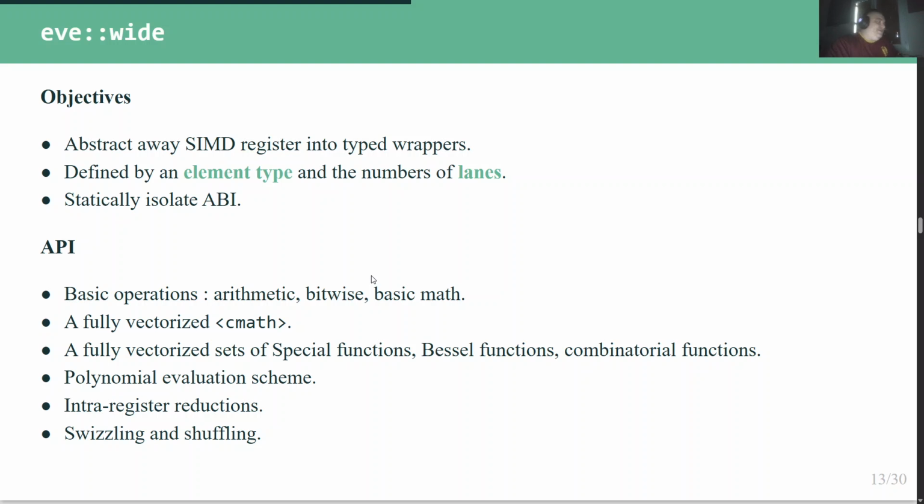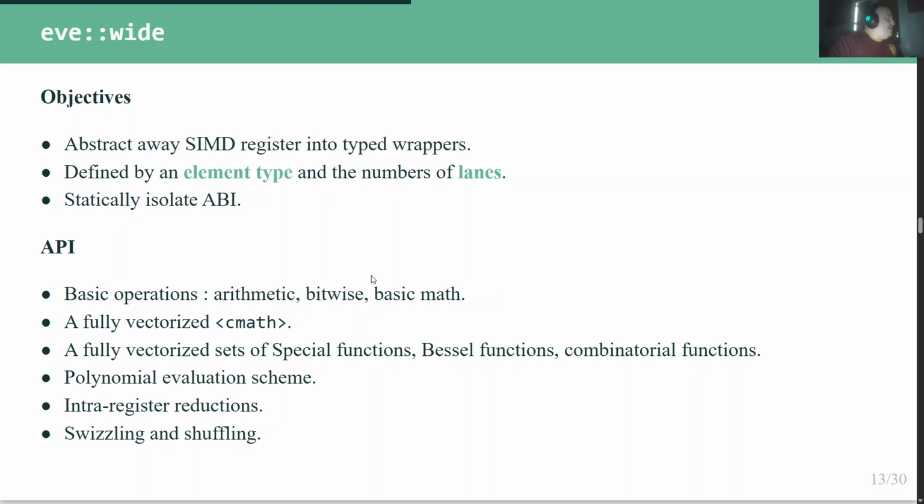Next to that, we have an API on top of this, where we have access to the basic operations as operators and also as functions. So all the basic arithmetic, all the bitwise operations, and basic math like square root, inverse, and stuff like that.